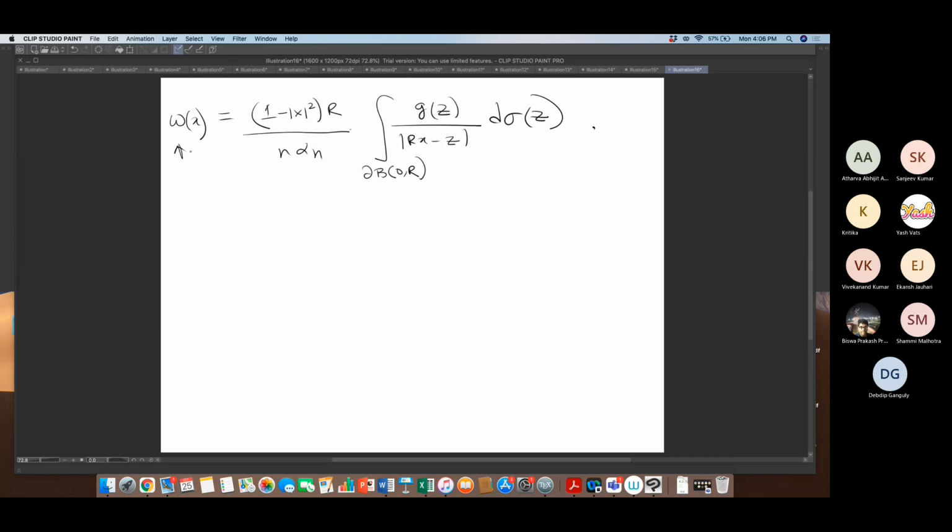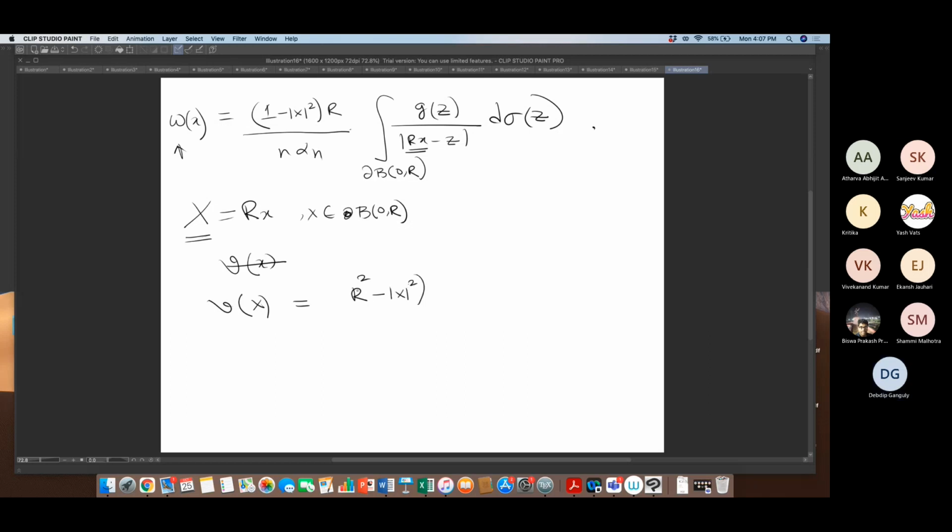Yes? Just define a capital X as Rx. Because this is your... This capital X is in ∂B(0,R). So we can write the square, and this x is capital X by R, so |x|² becomes |X|² by R².